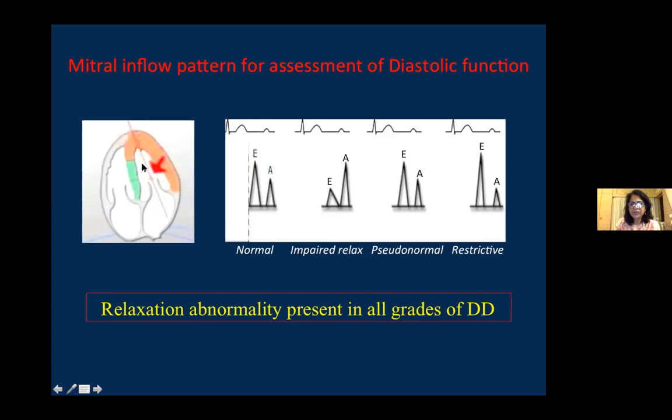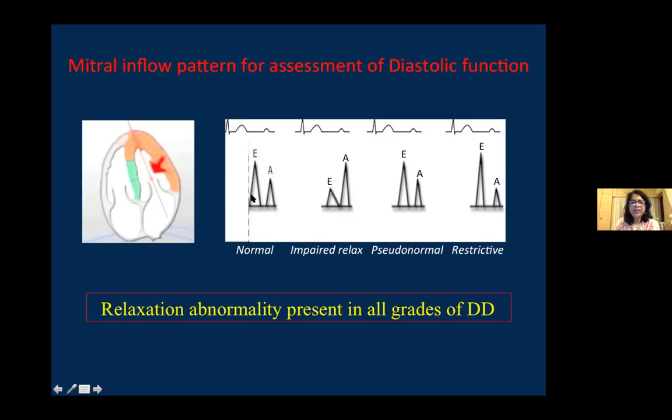So the pressure difference between the LA and LV is less. So the amount of blood flowing to the LV from the LA is less due to the pressure difference. And the rest of the filling takes place during atrial pump. So A is more than the E wave.